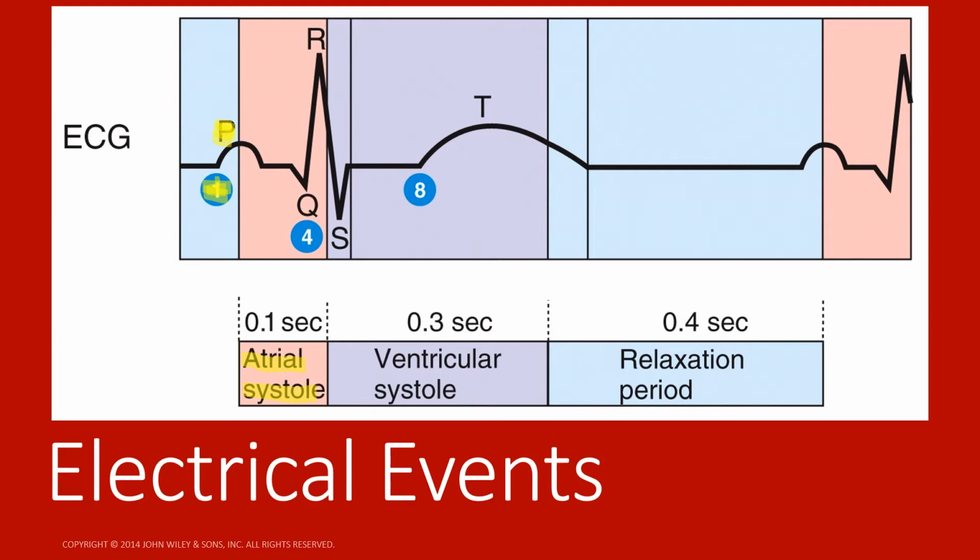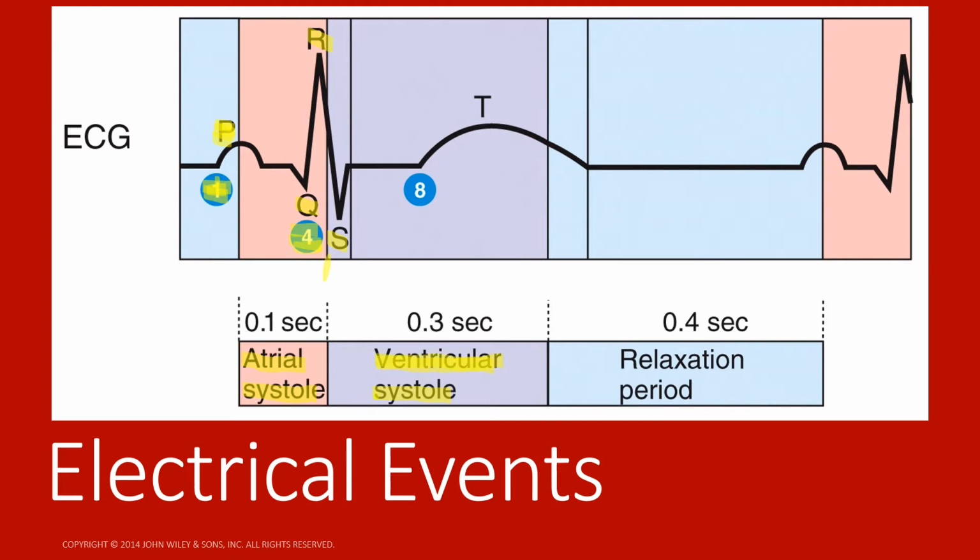Then we have the QRS complex here. The QRS complex marks the onset of ventricular depolarization. And right at the end here, this is when we start ventricular systole, which, remember, is the contraction of the ventricles.